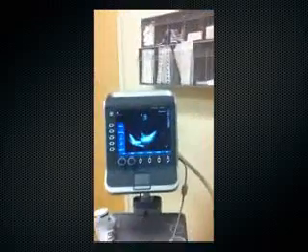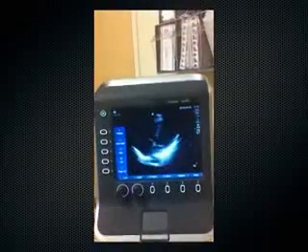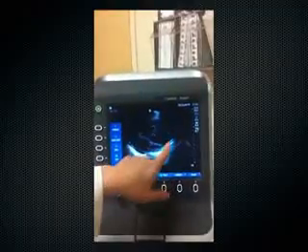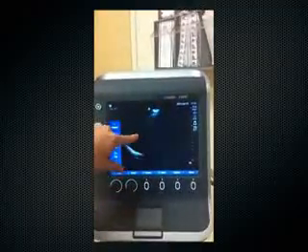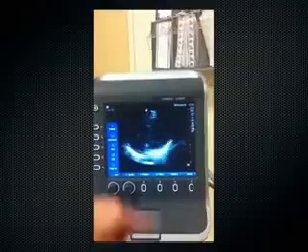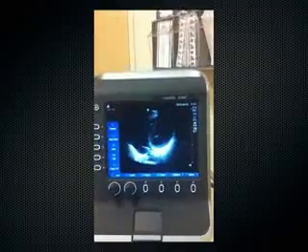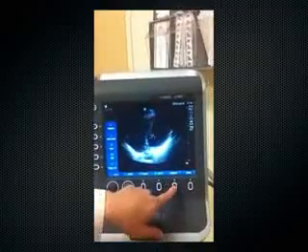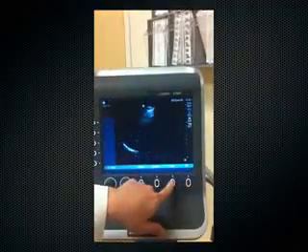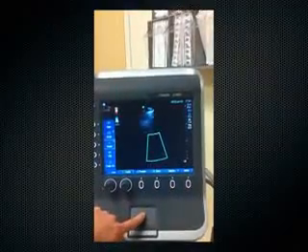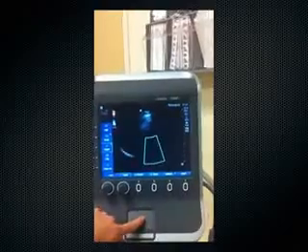On the right of the screen is the left side of the heart, and on the left side of the screen is the right side of the heart. We have the mitral valve and the tricuspid valve here. I'm going to switch this to color Doppler mode right here. Breathe out, Kevin.